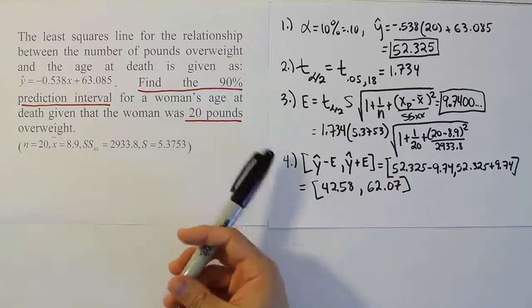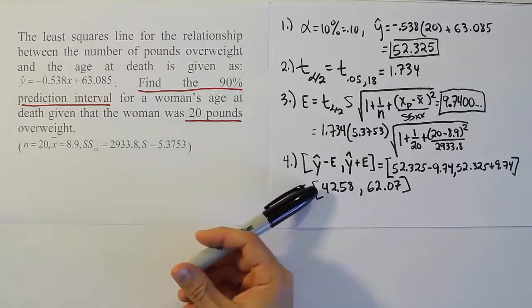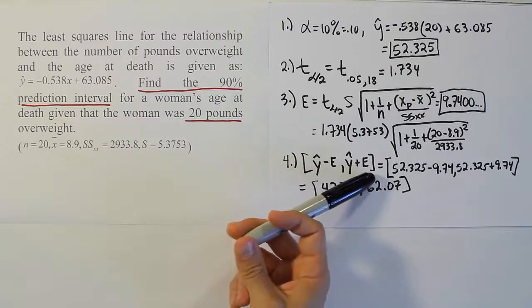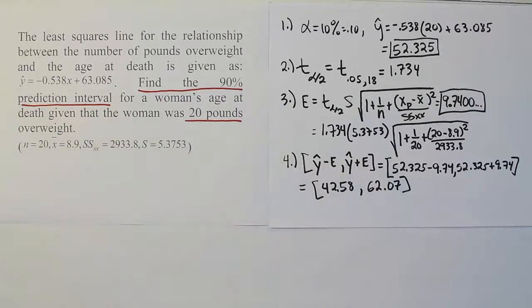We're saying for this specific woman who's 20 pounds overweight, we predict her age at death to be somewhere between 42 and a half years old up to about 62 years old. So, of course, we're 90% confident of that prediction. It's a kind of morbid prediction to make, but that's what we're doing. We're predicting the age that this woman would die, and we're saying it's in that interval. We're 90% confident of that.